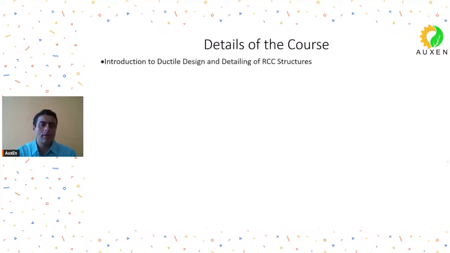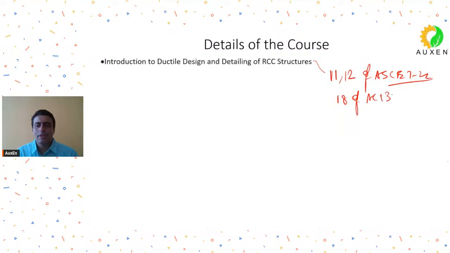Then in the second part of the course, we will go to the ductile design detailing of RCC structures. This will be largely based on chapters 11 and 12 of ASCE 7, and chapter 18 of ACI 318. Chapter 18 is the chapter which deals with earthquake resistant structures.